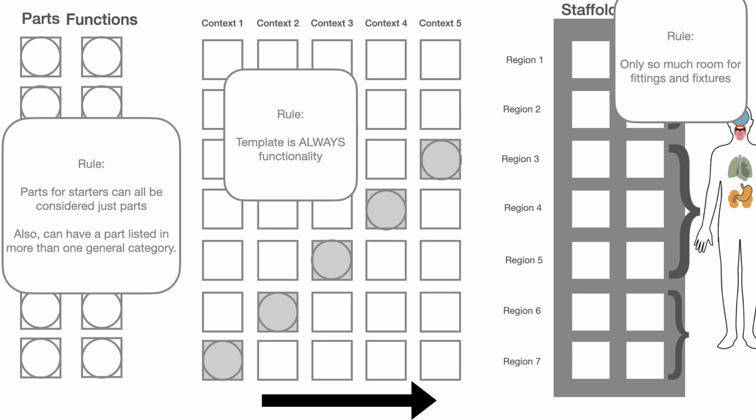Template, always functionality. And then the scaffold is really trimming out that generic unit with fittings and fixtures. When we get to the reproductive one, it's a little bit more important and is quite wonderful as kind of how I organize this stuff really congeals. You're going to have organs on the outer structure for gentlemen and females as well.